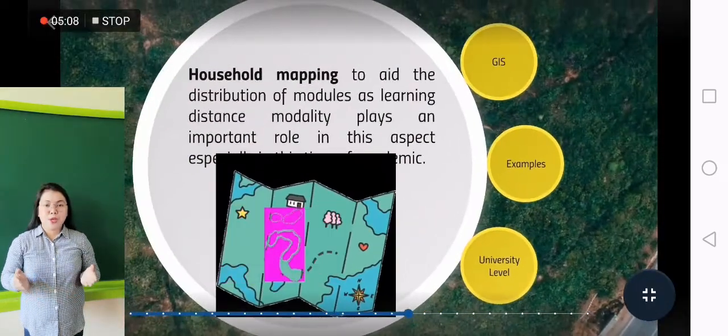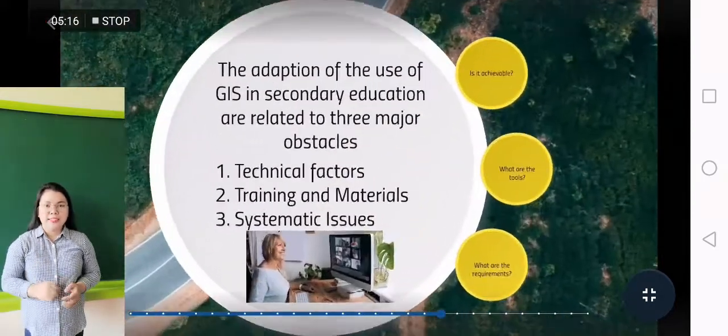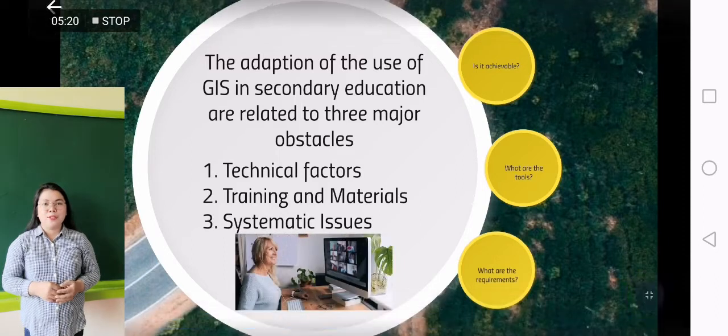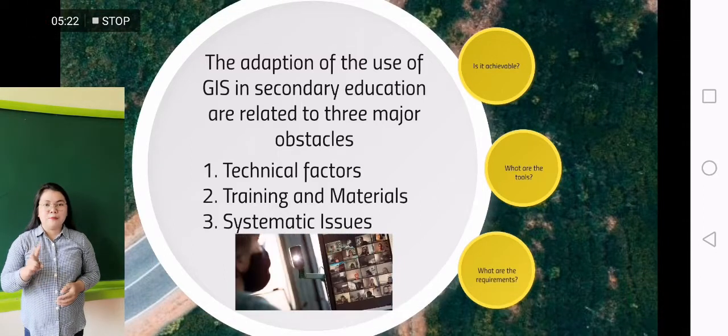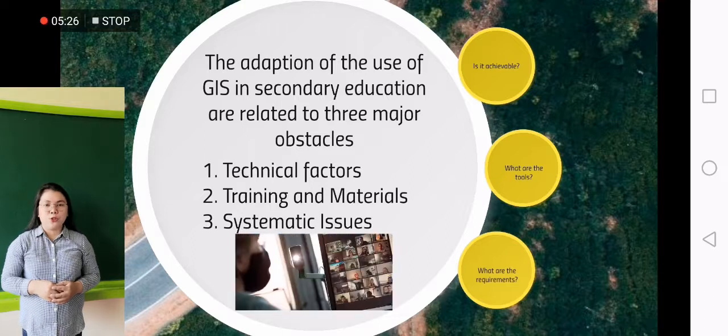The adoption of GIS in secondary education is related to three major obstacles. Number one, technical factors such as the availability of hardware, software, and data. Number two, lack of teacher training and curriculum materials.